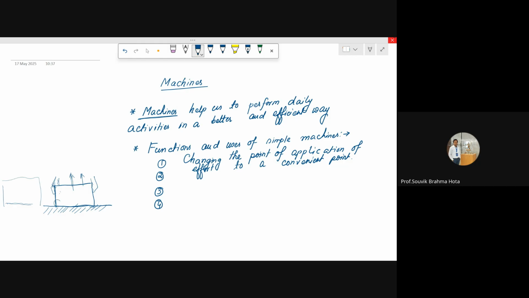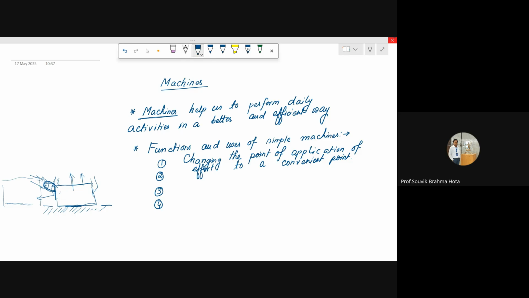Another way is that if you fit some wheels, then you can slide it. Or you can do another thing: rather than fitting wheels, you keep the box like this, give some attachment on this side, like a rope or handle, and you just pull it. If you pull it by hand, it will displace in this direction, that means it slides over the surface.